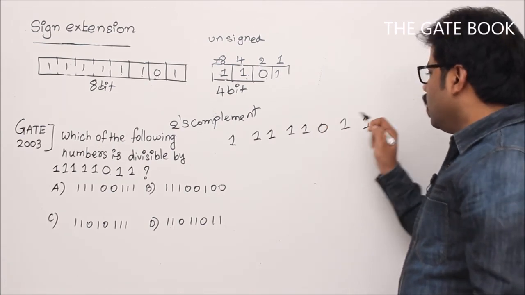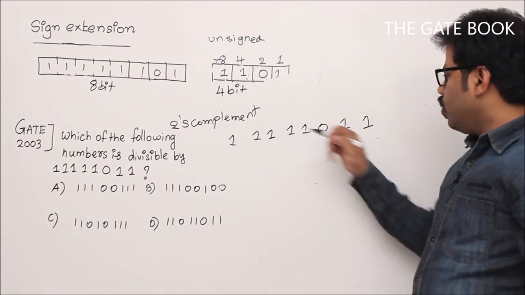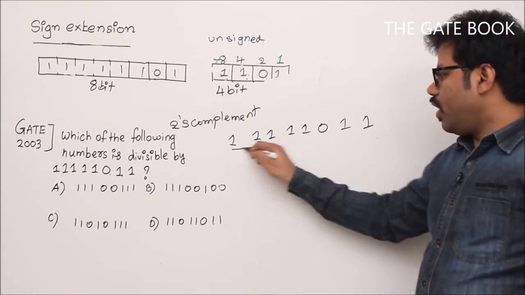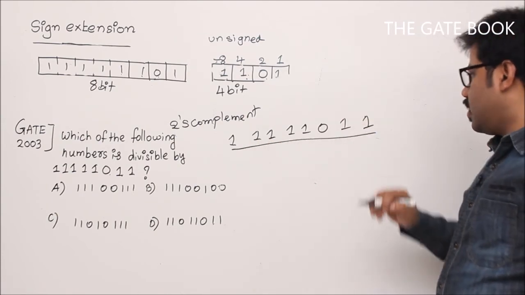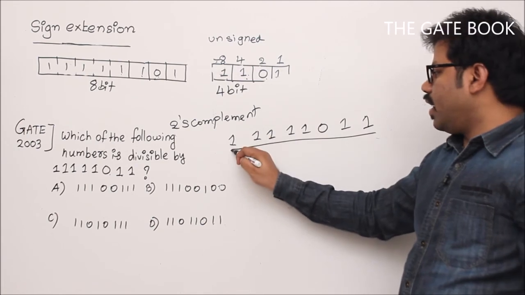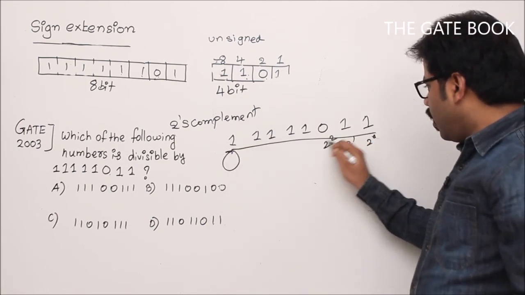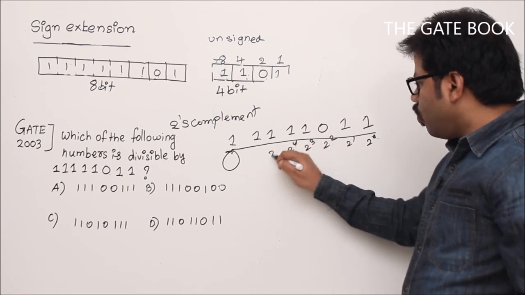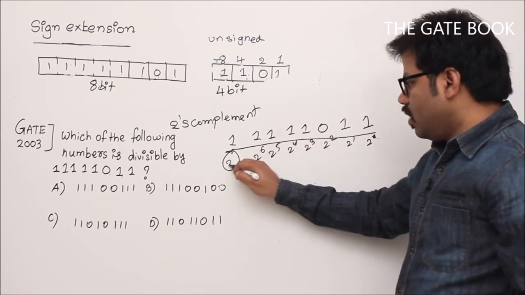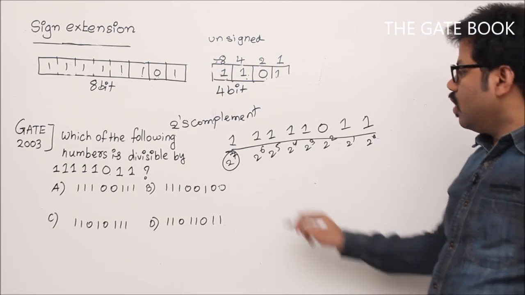There are two techniques. The first technique is to find the value using the weightages. How to convert it into decimal? It is a weighted system like binary, only here you get a negative weightage. 2 power 0, 2 power 1, 2 square, 2 cube, 2 power 4, 2 power 5, 2 power 6, 2 power 7. Method number 1 I am teaching you first.